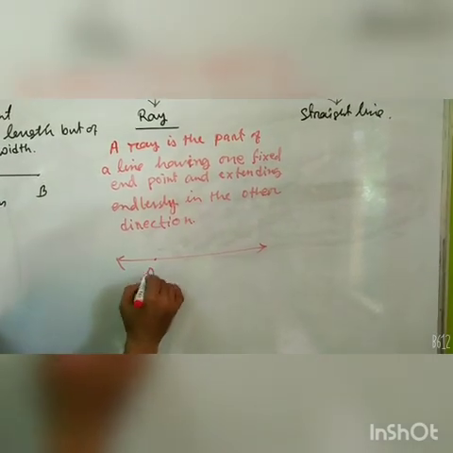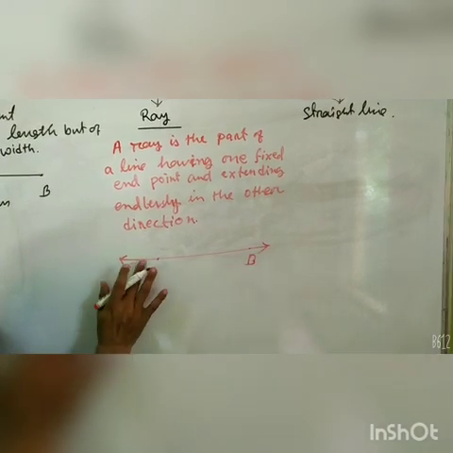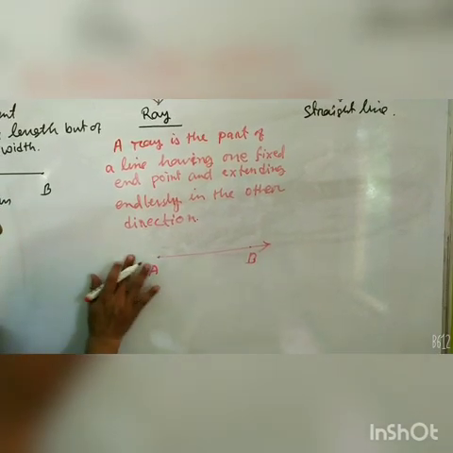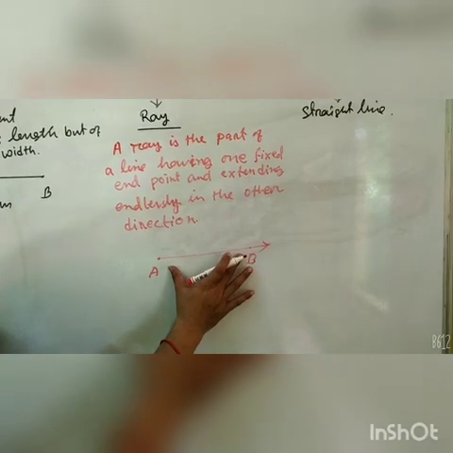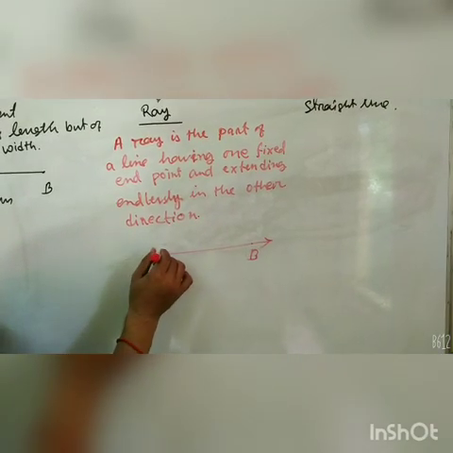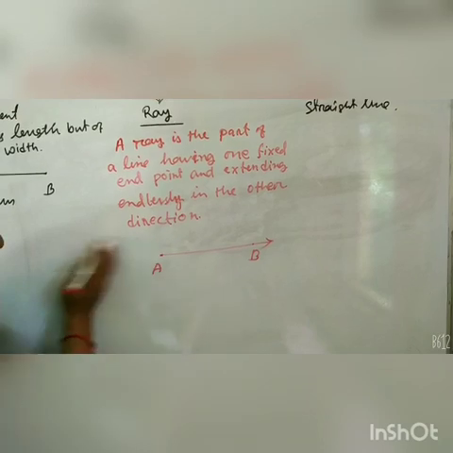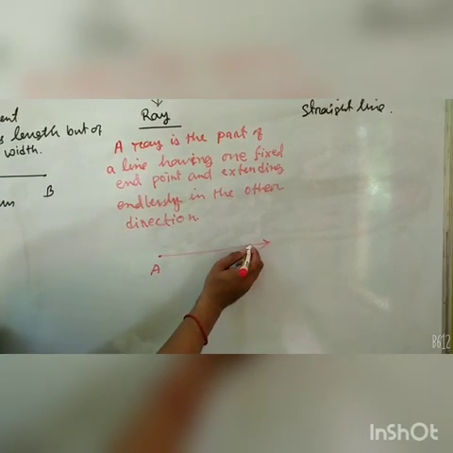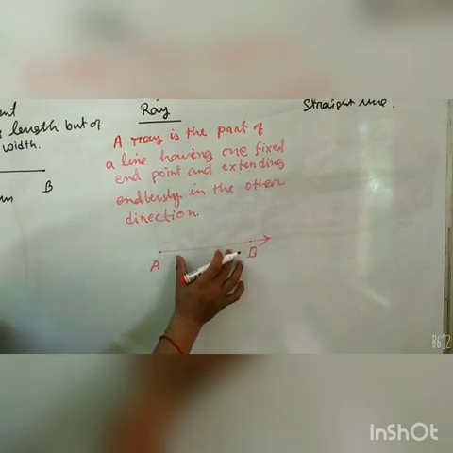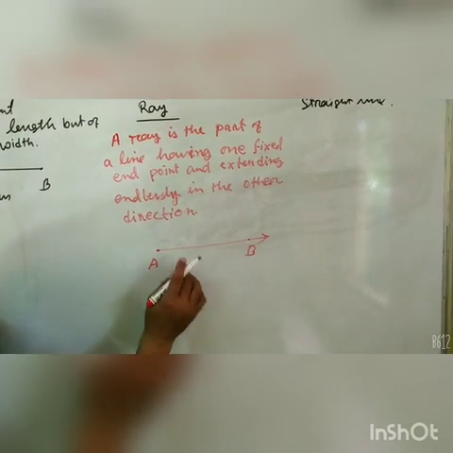Suppose this is A and this is B. If we start from one fixed endpoint, this is a part of the line. It will not come here, it only starts from here. Such a line is called a ray.